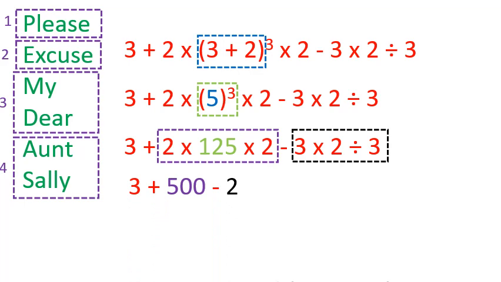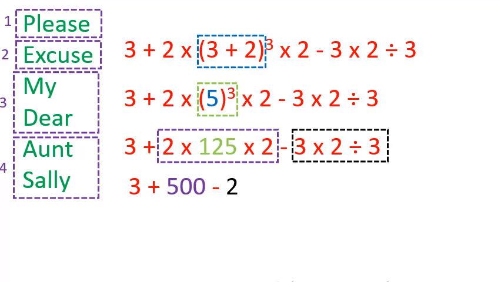So when we rewrite the part that's encircled by the purple rectangle, it's 2 times 125, which is 250, times 2, which is 500. So that all collapses down to being 500. Then the part that's encircled by the black rectangle, 3 times 2 is 6, divided by 3 is 2. So that collapses down into 2.